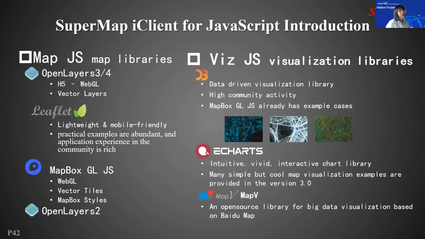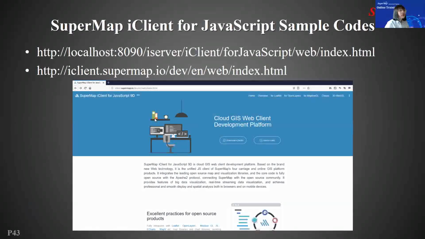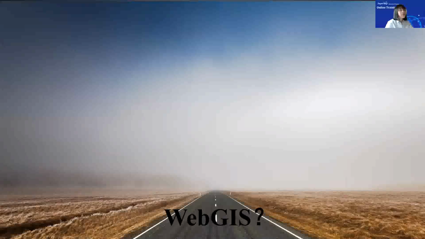We also have libraries like D3, eCharts, and MapV. And we also have a lot of sample code for JavaScript on our official website, and if you download the iClient package, you can also find it there. I will show you later.